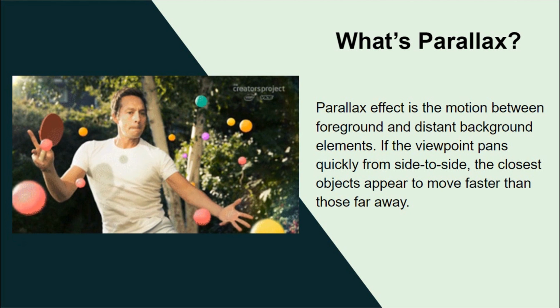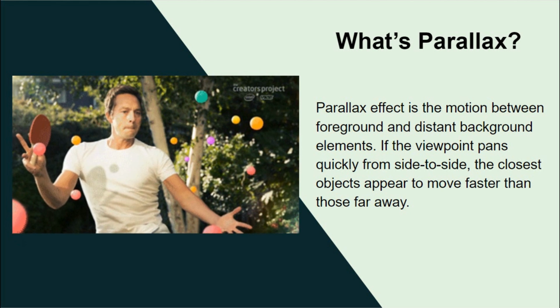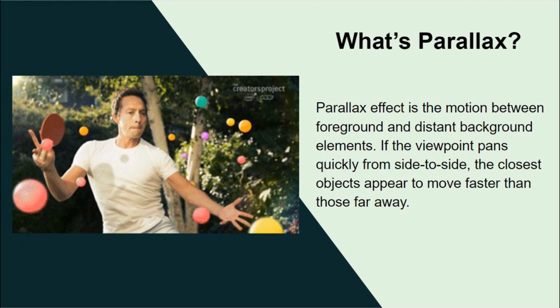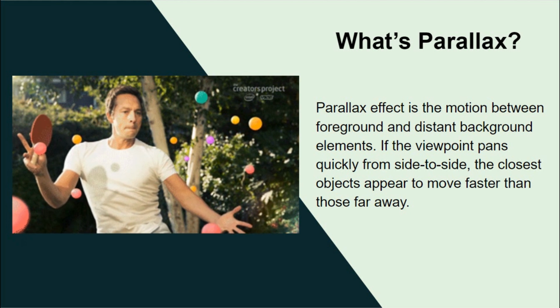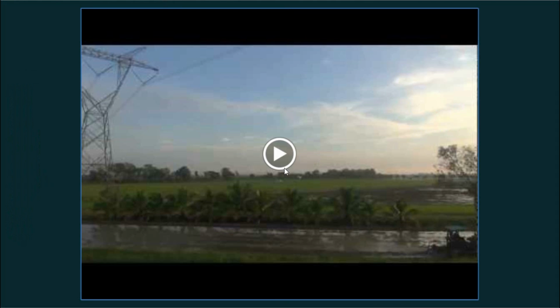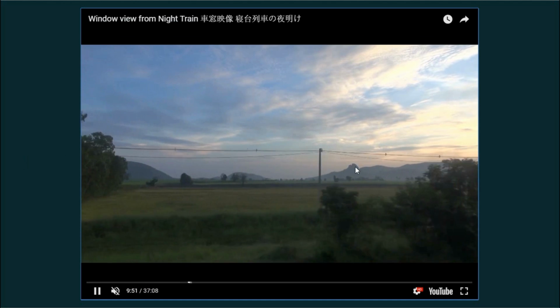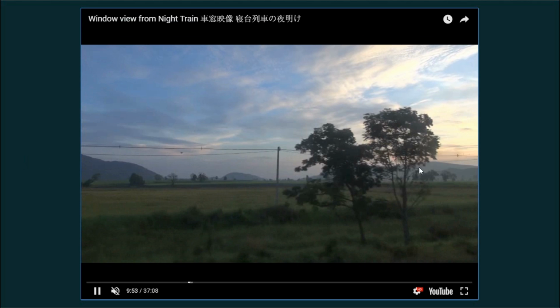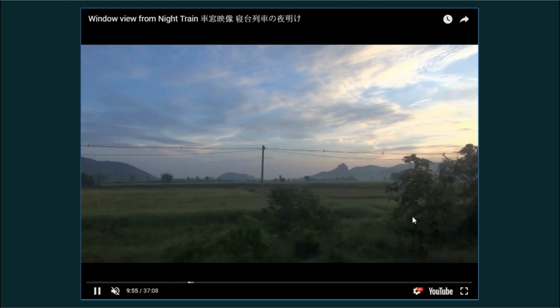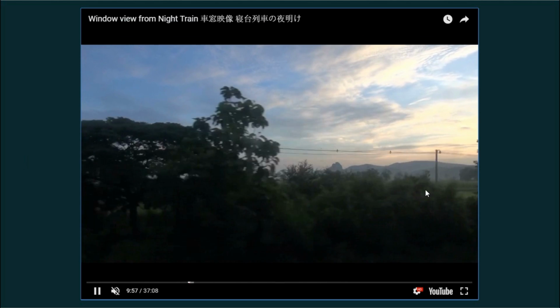Another way to explain this is when you're looking through a window on a moving car, you can get something like this. Your mountains are barely moving, and you have all these trees moving faster in the foreground.